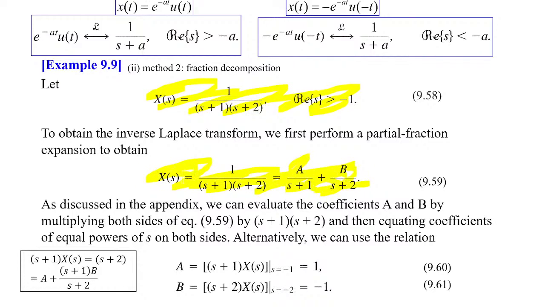You have some rational function with some ROC, then you do partial fraction expansion of this function, and you look up the corresponding ROC for those two parts, and you just invert these two parts separately, and then use linearity. And you see this 1 over s plus a thing that we like very much.